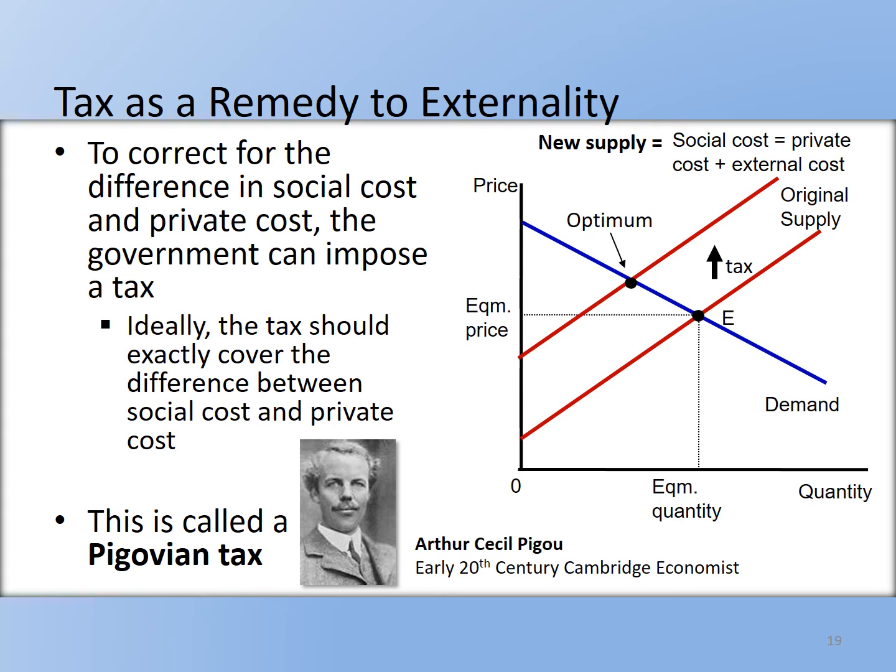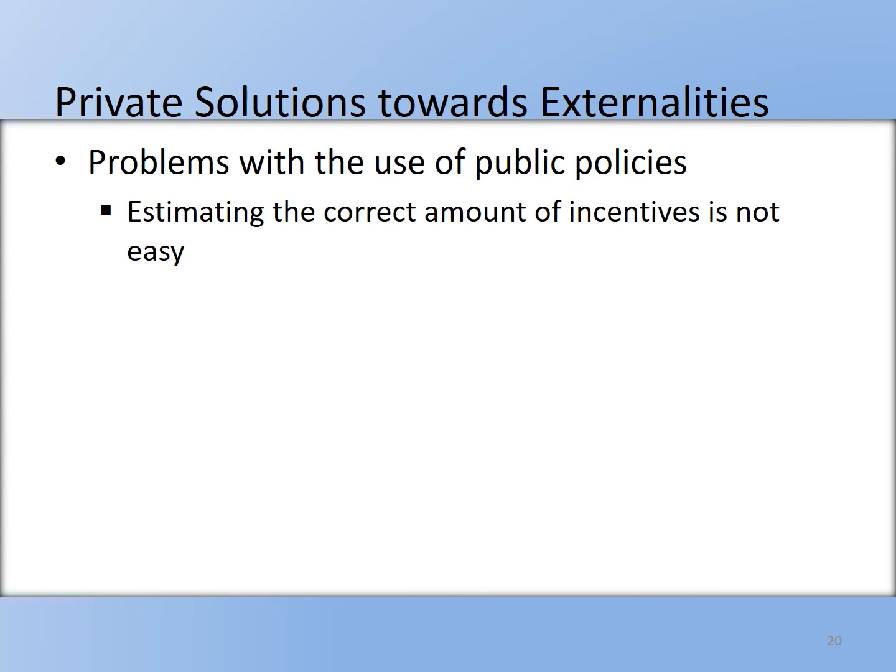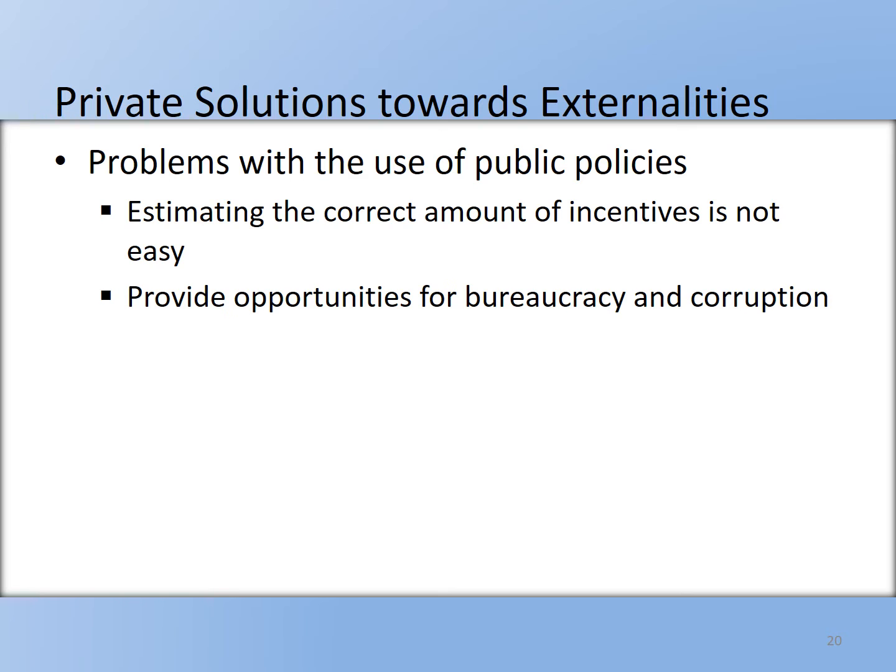If you're talking about damages that hurt a lot of people, or it's hard to measure the actual impact, it could be hard to figure out the right amount to tax. So that's one problem. Another problem is, well, you need a big bureaucracy to handle the tax, right? You might need a new government agency just to handle the tax.